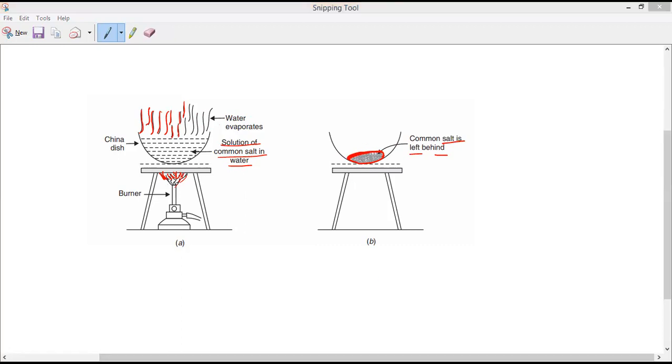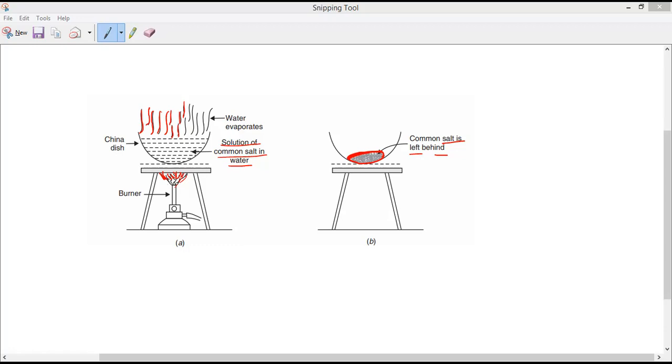It is used on a large scale to obtain common salt from seawater. Salt cannot be obtained in any other manner in a large quantity, so we always use the evaporation technique to get a huge amount of salt from ocean water or seawater. Do you understand, everyone?